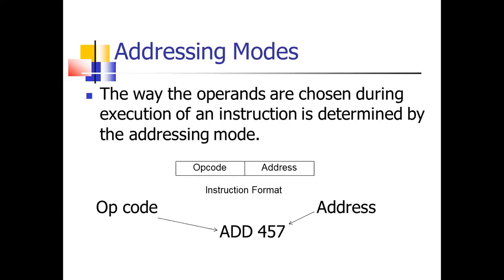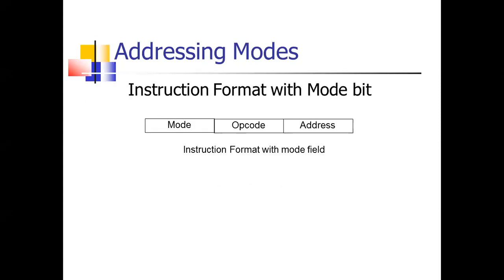But it's not always fixed that there will be 2 components. There may be 2 or more components depending on the nature of the addressing modes. So we can have this kind of instruction format as well, consisting of 3 components: mode bit, OP code, and address. You will recall that in the 5th chapter, we already did the direct address instruction as well as the indirect address instruction. Those were 2 kinds of addressing modes.